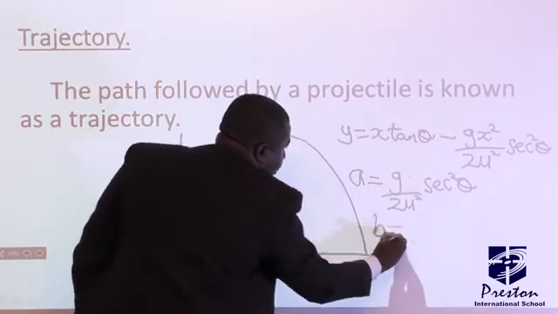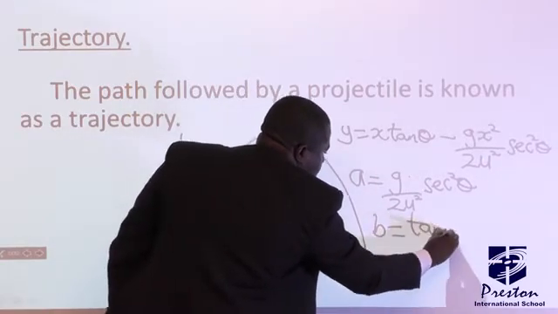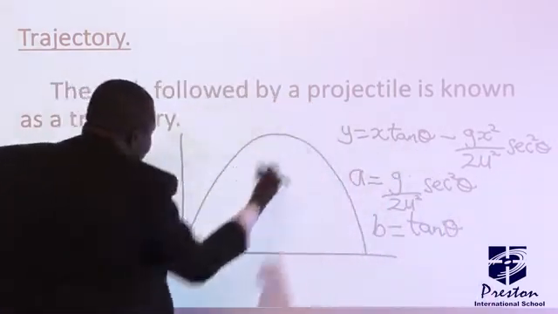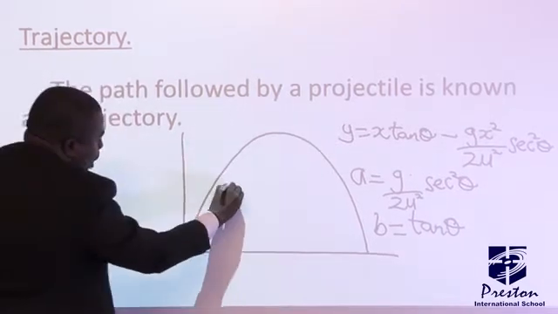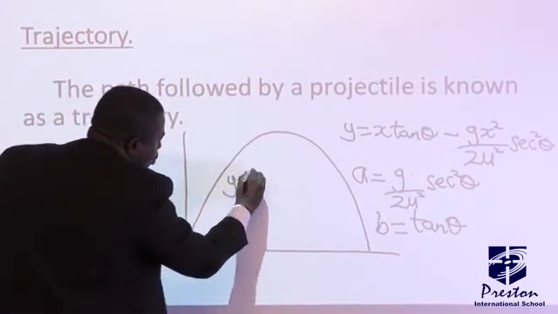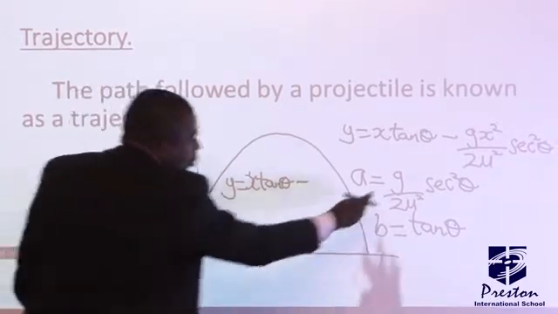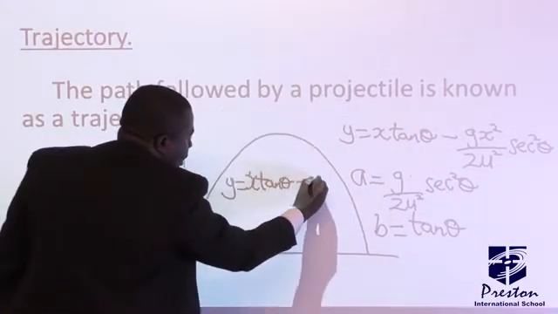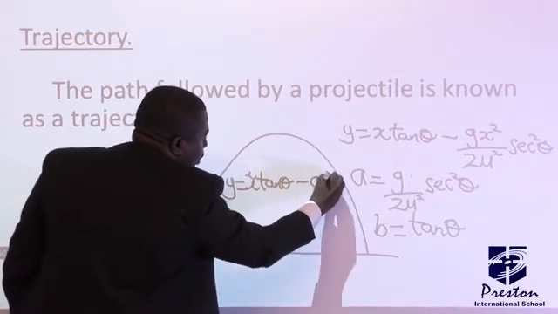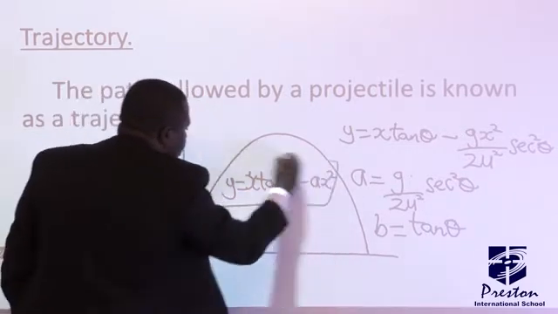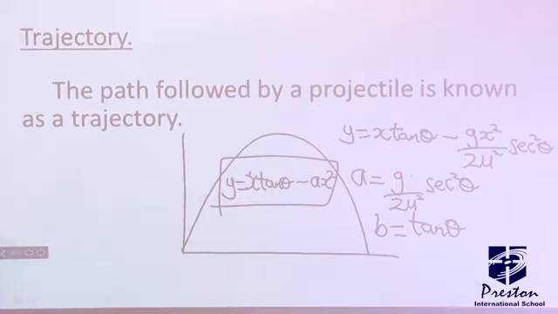And if B represents tan theta, if that is the case, we can write this equation as y equals x tan theta minus, all this one is here, that is A x squared. So this is a general equation of a trajectory.